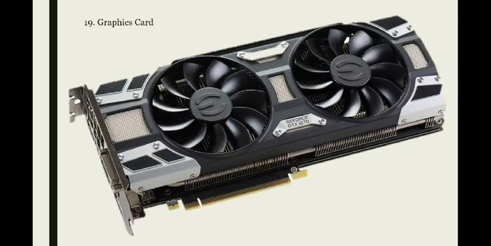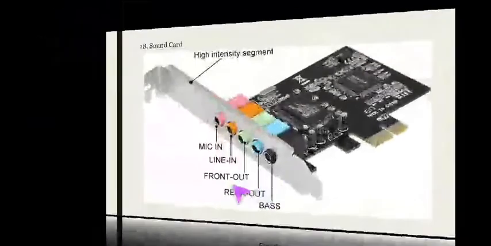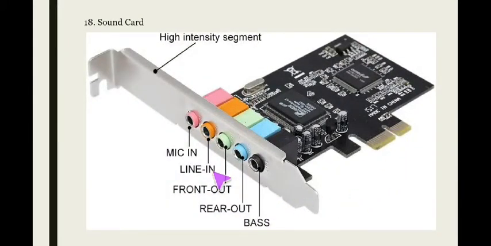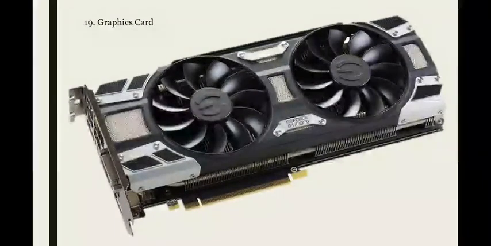The computer will work and process, but you can't see the result. So what is the need then? That's why I'm saying the graphics card is most important. A graphics card is already built into the motherboard. It is also known as the graphics adapter or graphics controller. As I told you about the sound card, it can be installed from outside for better sound. Like that, a graphics card can also be installed from outside for better graphics quality.